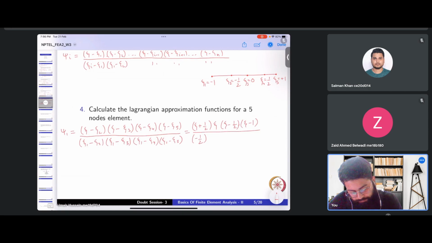Then we have -1 minus 0 is again -1, -1 minus half is -3/2, -1 minus 1 is -2.